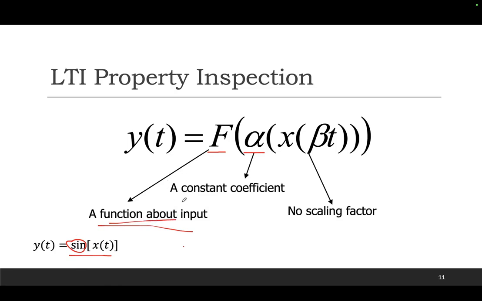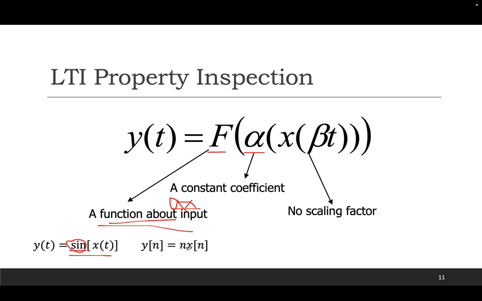The input means I have an x, maybe ax or something similar, just doing something to the input. But here the sum is not a linear function. So this one is not an LTI system.